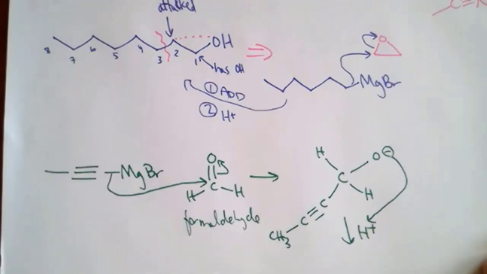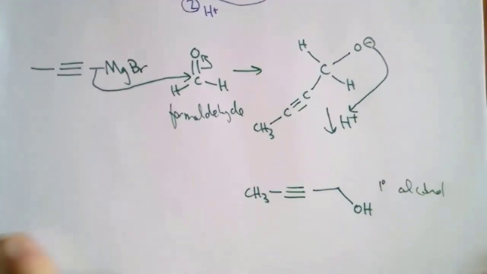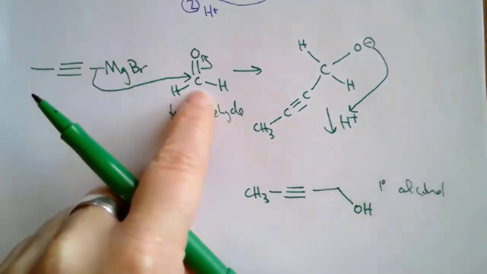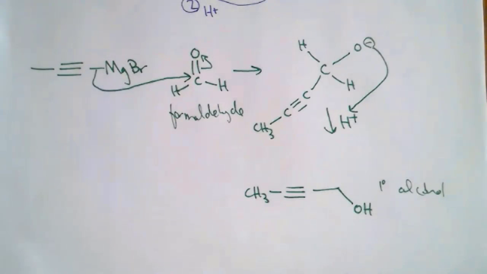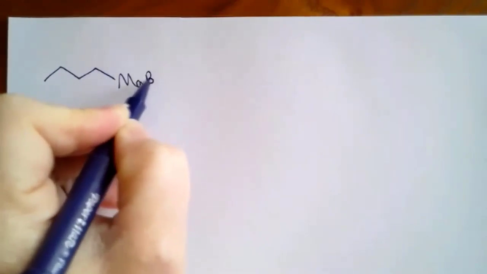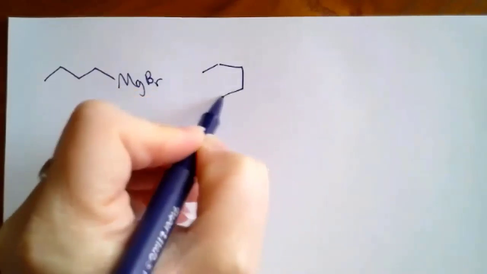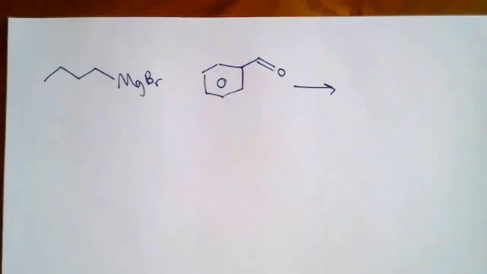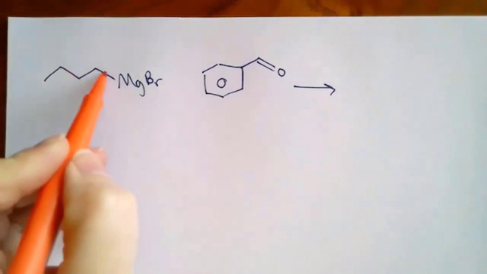We made it from an epoxide. But if you want to make a primary alcohol from a carbonyl, it does need to react with formaldehyde. What if you react with a different type of aldehyde, as is presented in our next example? So our next example is another Grignard, but a different one this time, with an aldehyde. Straight out of the gate, attack the carbonyl carbon.